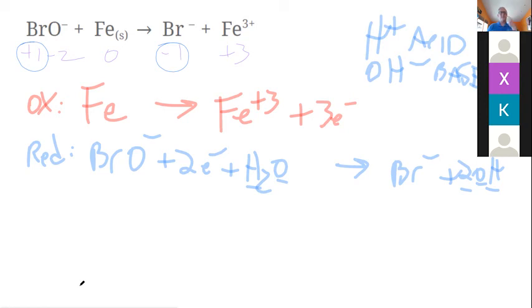So my irons are balanced, my bromines are balanced, my oxygens and my hydrogens, the charges are balanced. One thing's out of balance. What's that? Should it be 2 bromide?